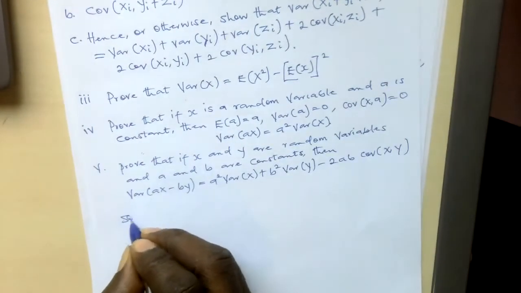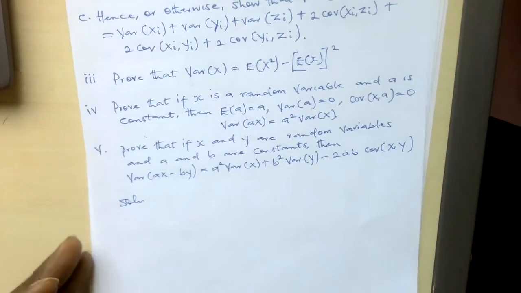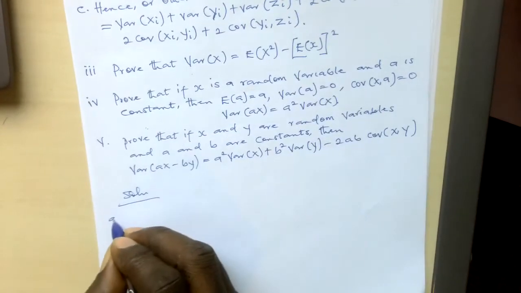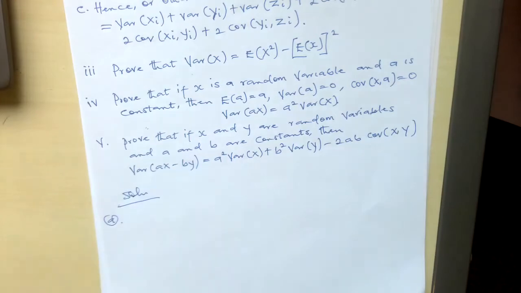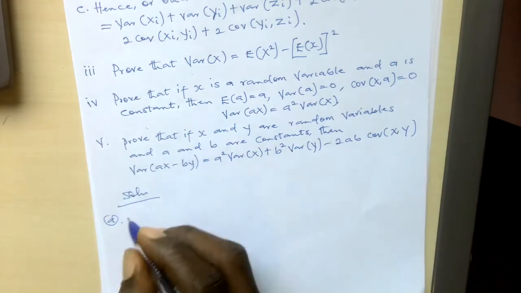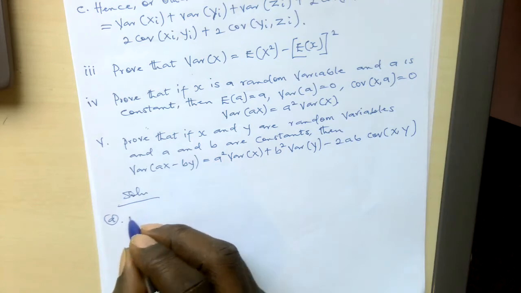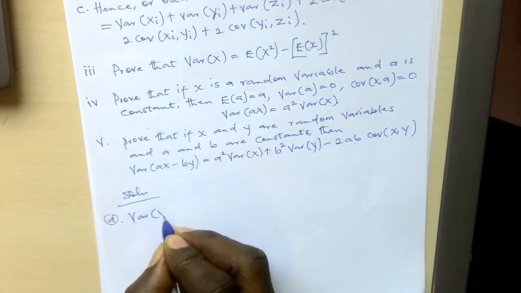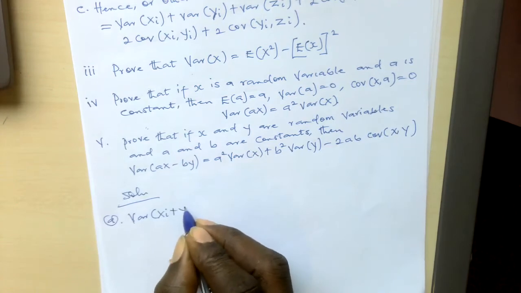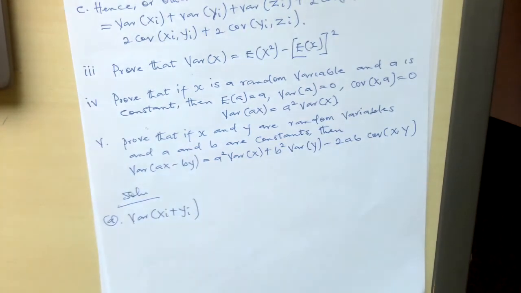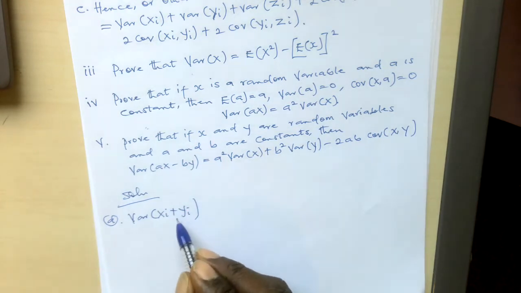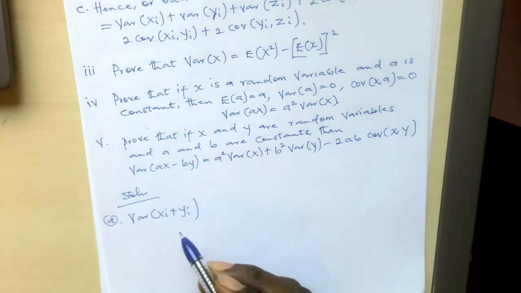So, solution, the A part now. The first thing to do here is, of course, write out the formula for the variance of xi plus yi. Of course, we know the formula for variance, but now, instead of having just one single variable, we are having two variables.